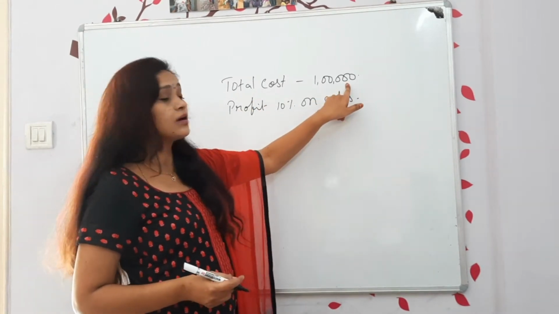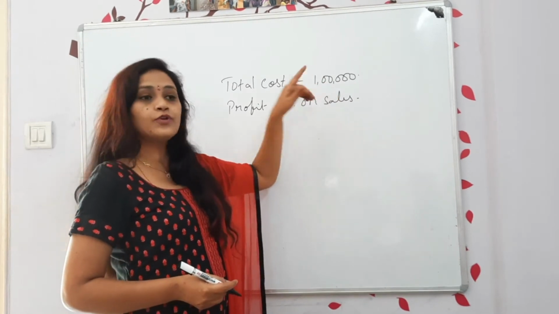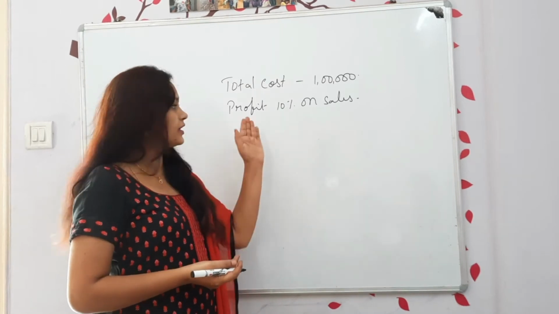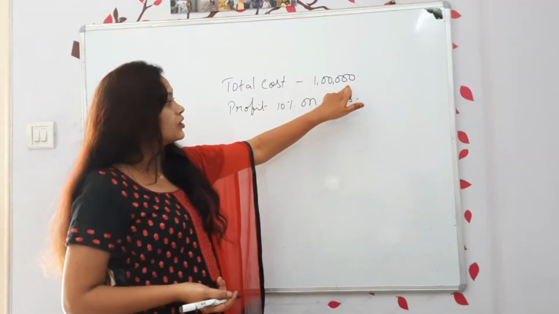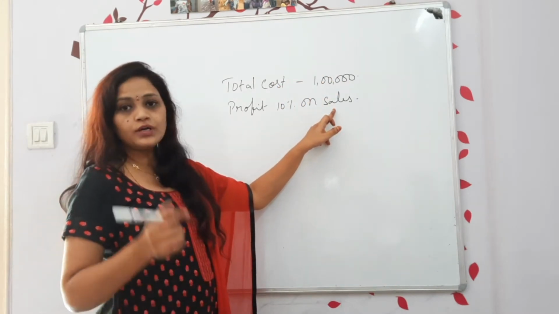But what is the data given to you? Total cost is given to you. If you receive the sales, sales into 10 by 100 gives the answer, which is called profit, right? But here you got total cost and you are supposed to find the profit on sales.